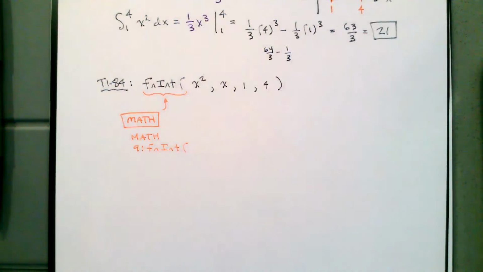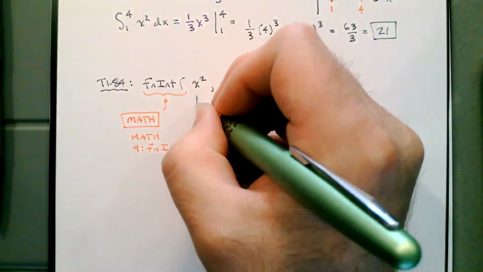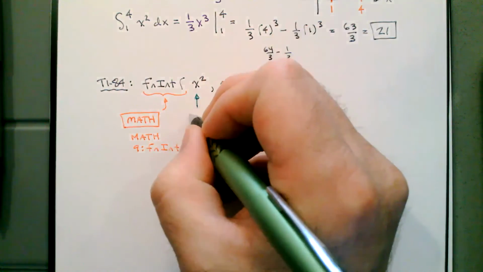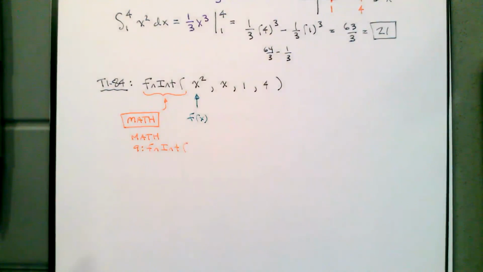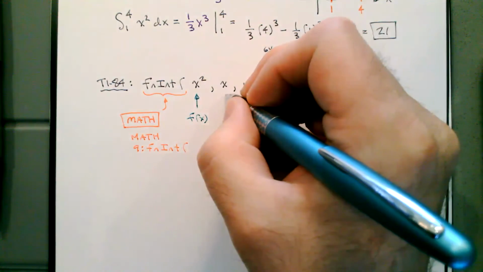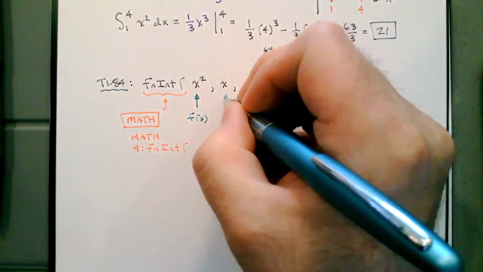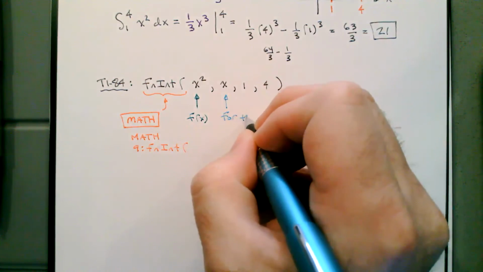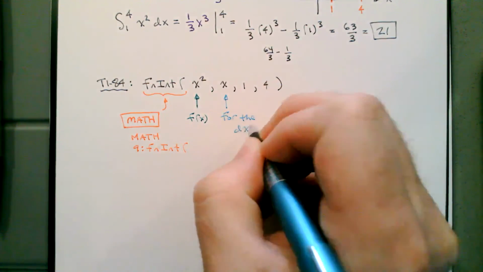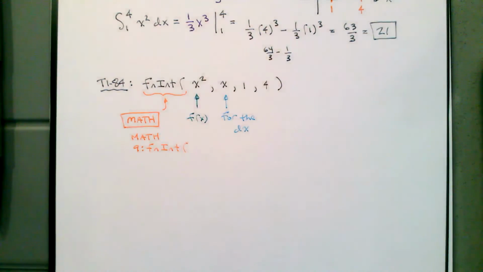Then the next thing we type in is the function. Then we put comma x. That's like us telling it x is the variable, so that can go in for the dx part.